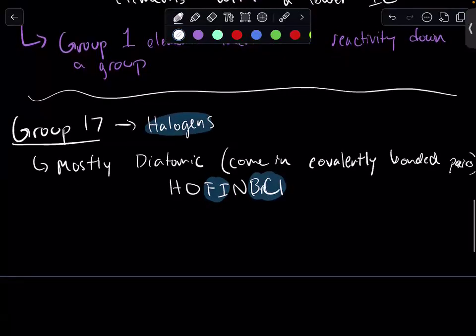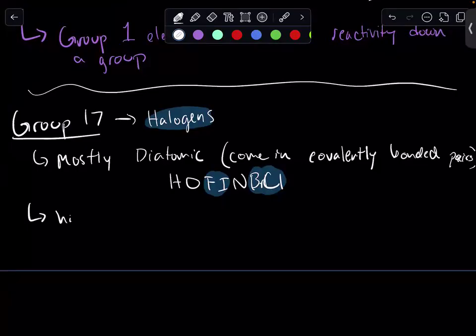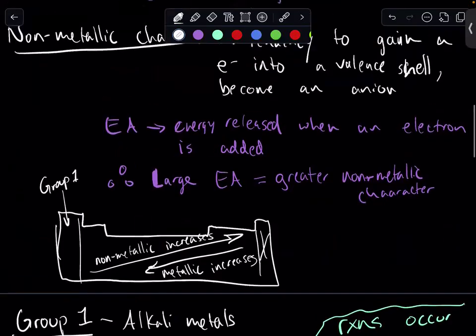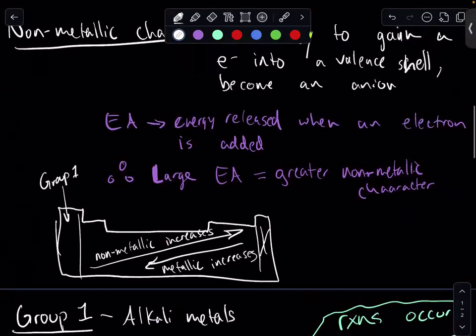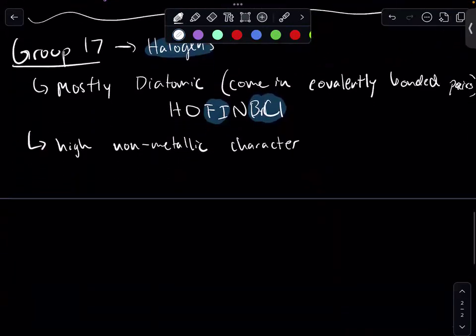All right. So these all have very high non-metallic character. And you know that because they're on the far right. And furthermore, we know the noble gases over here don't really count for non-metallic character, because noble gases will not gain any electrons, because this is based on electron affinity, and we know they do not have an electron affinity.